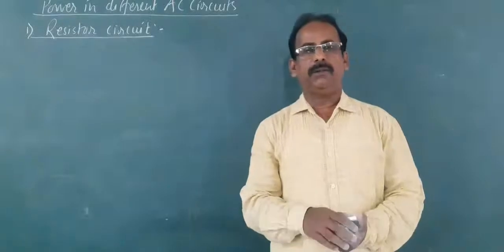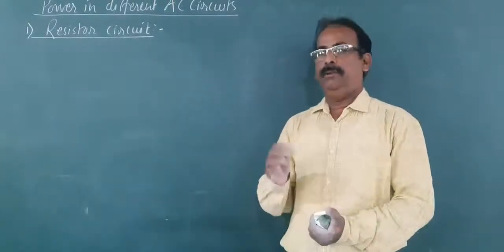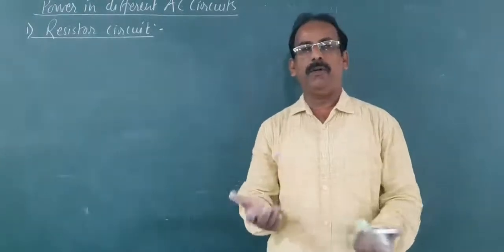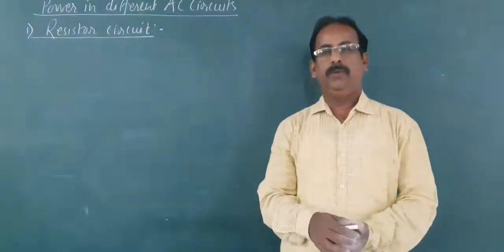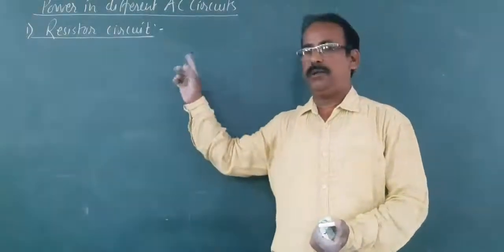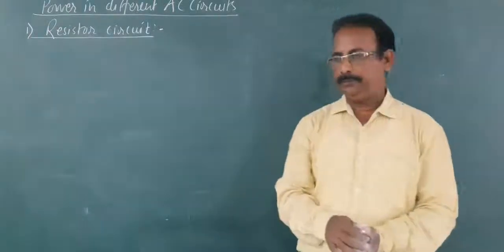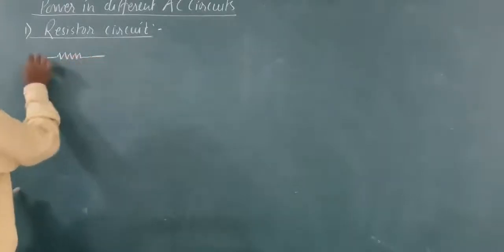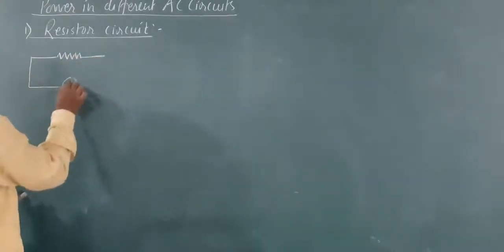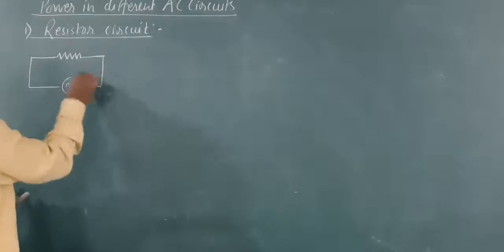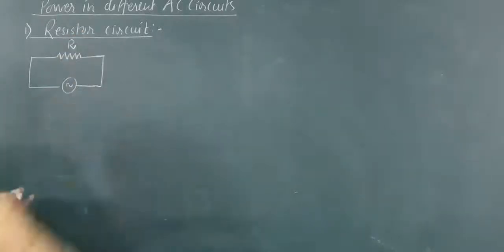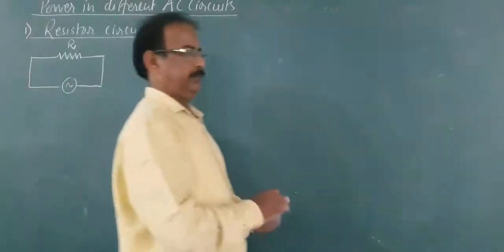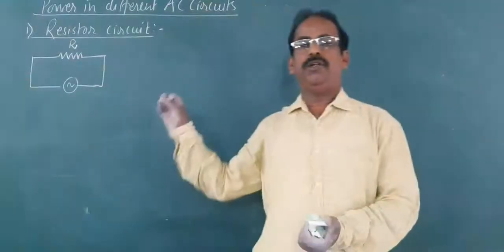And then after that, we will find average power also. First circuit is resistor circuit. You know how is the resistor circuit? Simple circuit in which source of alternating EMF is connected across resistor of resistance R. This is resistor circuit.